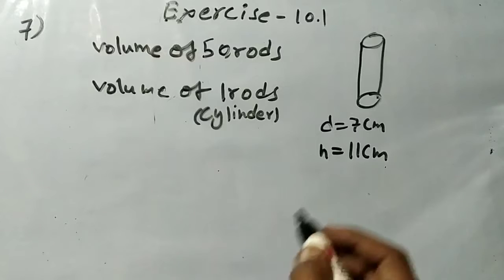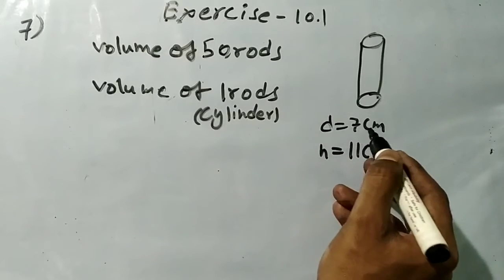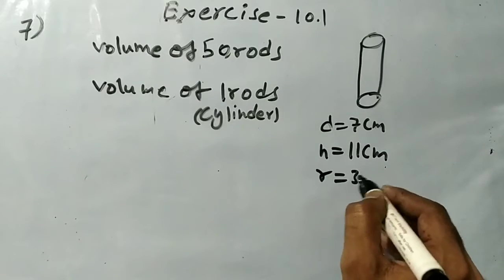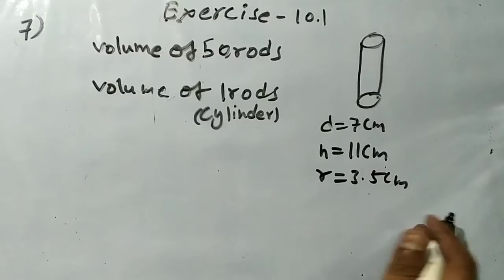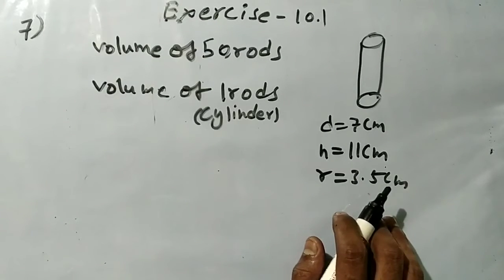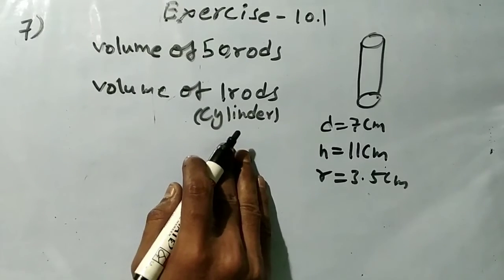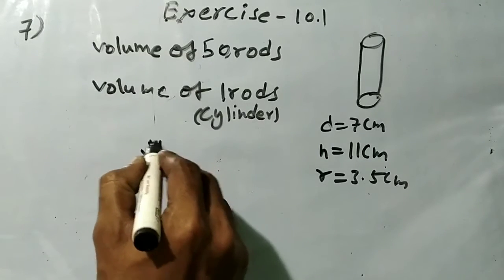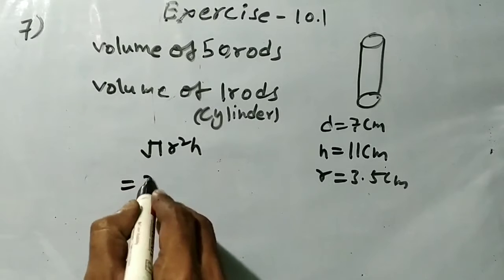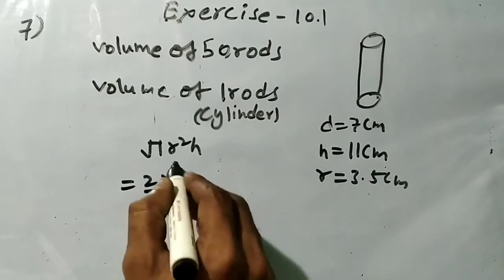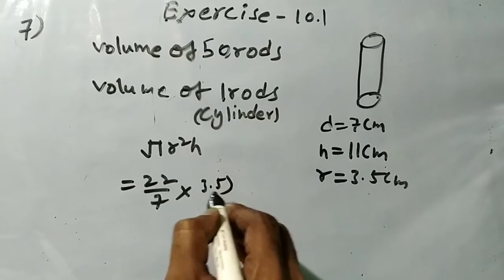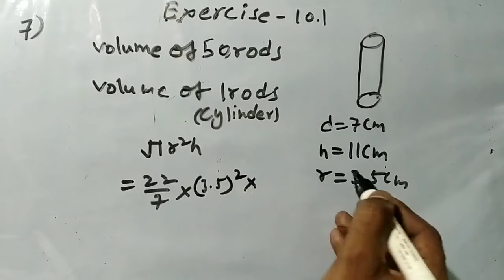Here D is equal to 7 centimeters, then R is equal to 3.5 centimeters. Just substitute the values in the volume of a cylinder. The volume of a cylinder is pi r square h. So 22/7 into 3.5 whole square into h equal to 11.